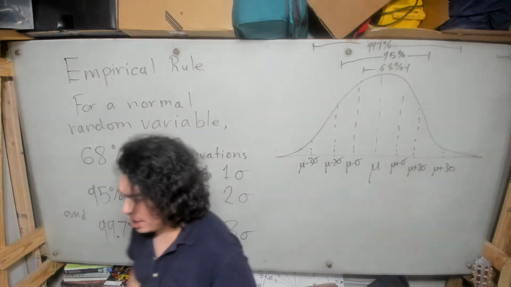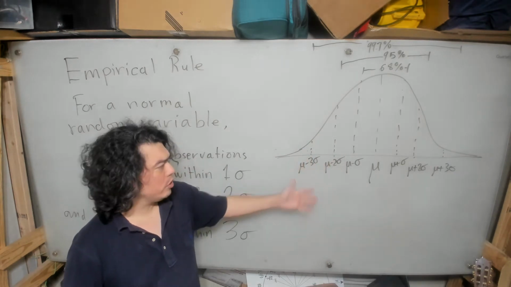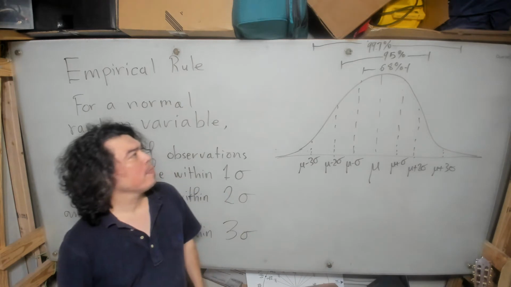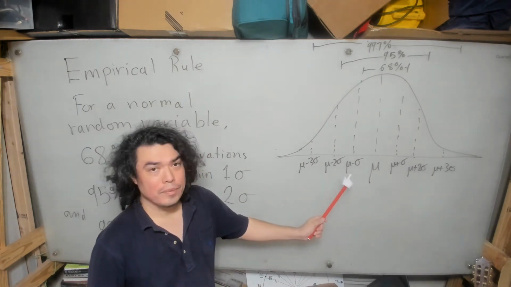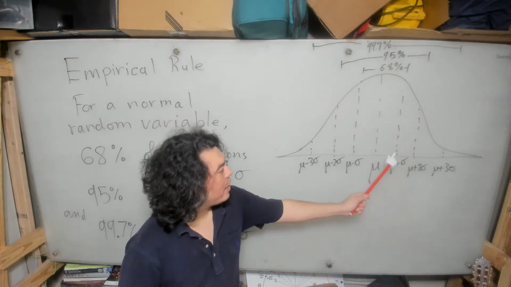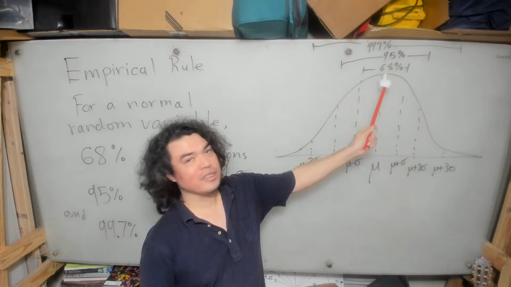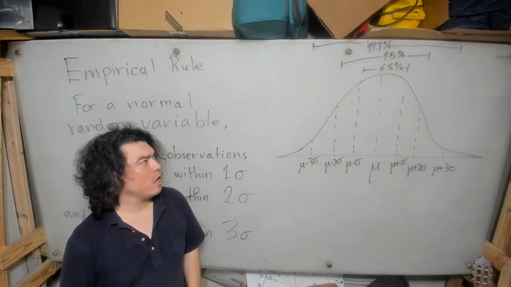Okay? And so what I've drawn here is a normal distribution. As you can see, the mean is located dead center, as it must. And what we can see is that if I go 1 sigma to the left and 1 sigma to the right, the area under that curve would be 0.68. That's why it's 68% of the observations.